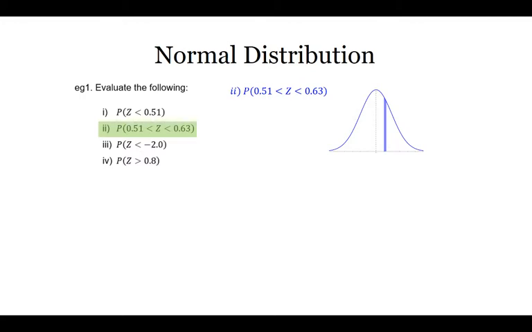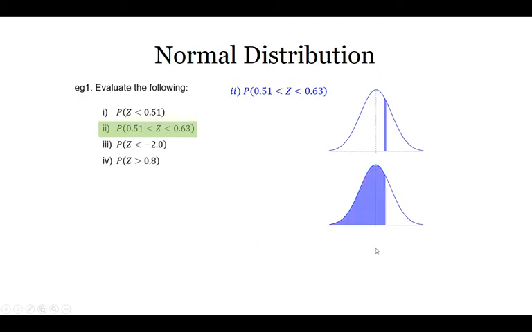We always need to show we've worked out a probability less than a value. So less than 0.63 would look like that, but I want between 0.51 and 0.63, not all the way down to negative infinity. So what I'm actually going to do is take off the probability of being less than 0.51. i.e. the difference is the value I'm after.